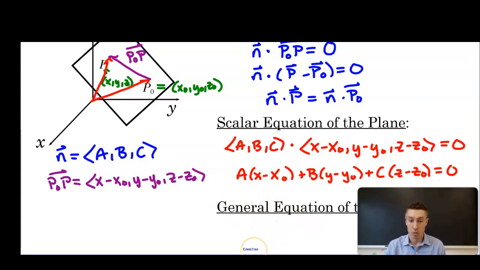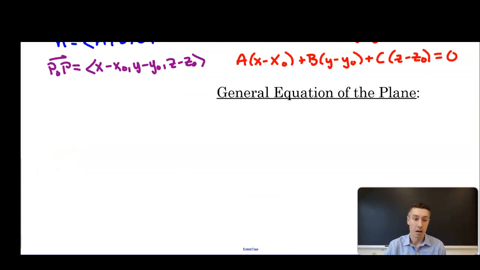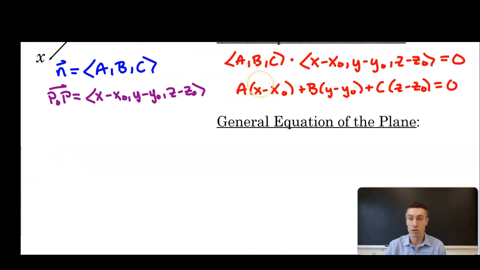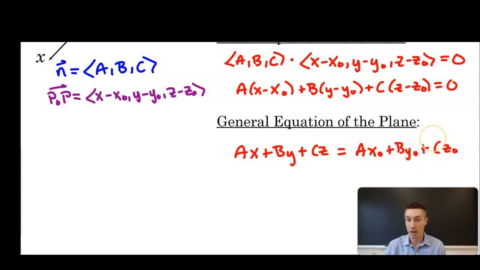And then the general equation of the plane, if we clean up our scalar equation, so we distribute the a, the b, and the c, we'll have ax plus by plus cz on the left side, and then moving those terms over, we'd have ax naught plus by naught plus cz naught.